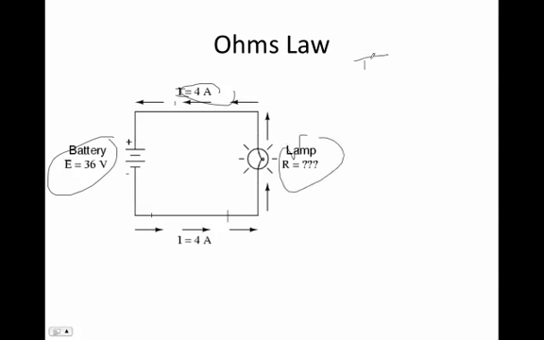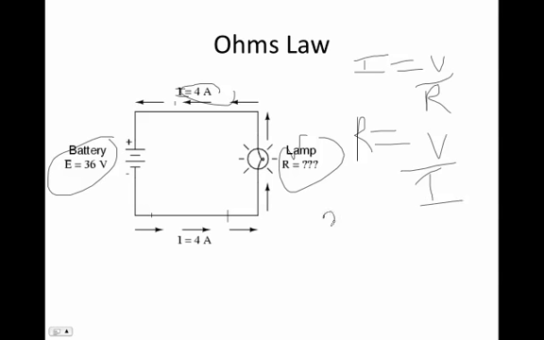Originally we know I equals V over R, but that won't work. So let's move the formula around. R equals V over I, and that's the form of the formula we need.